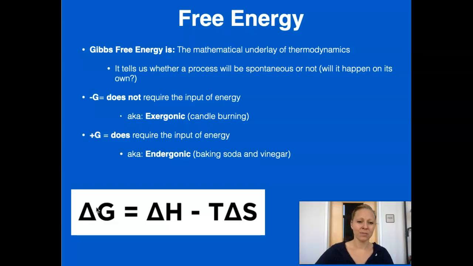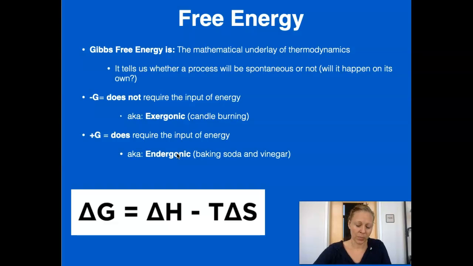Whereas a positive G is a different story. This is endergonic or non-spontaneous. These 2 words are going to be used synonymously, endergonic, non-spontaneous. And if you were to put some baking soda and vinegar into a bag, which I recommend that you do, and you put that on your hand, you'll feel a chemical reaction.